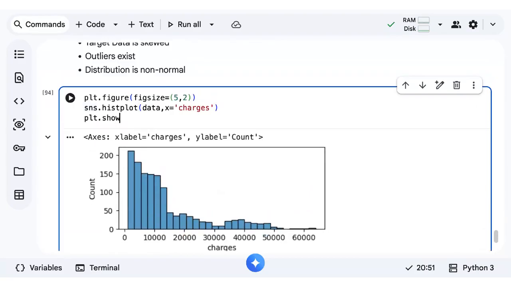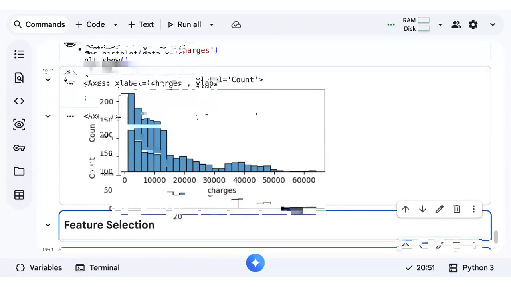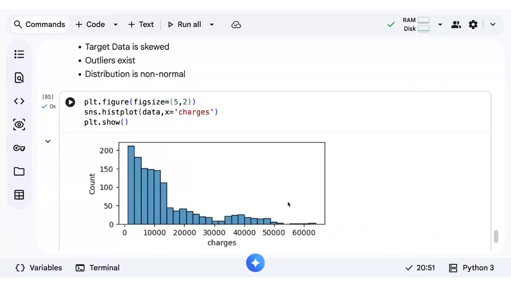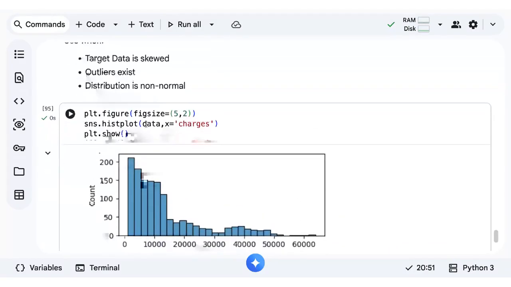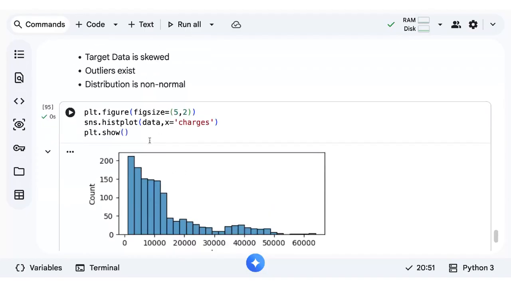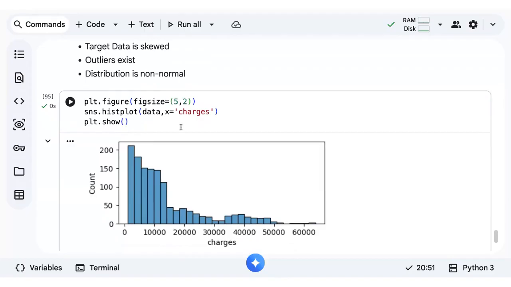We handled outliers, but we didn't change the distribution, right? It's a right skew. So whenever it's a right skew, I need to bring this back to a normal distribution. That's what your linear regression is expecting: data should be normal. Okay, I got you.